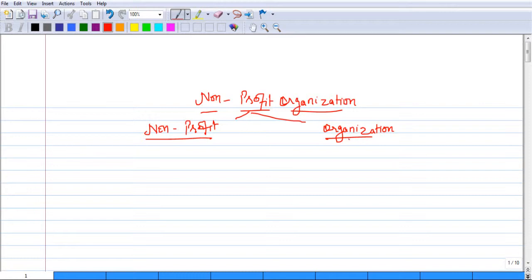Now, first we'll talk about the organization. What is organization? Organization means where there is a group of people, where two or more people join hands for some work.